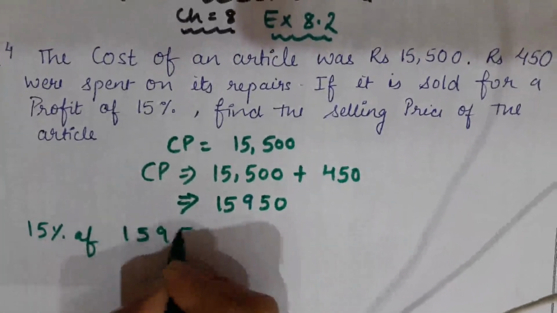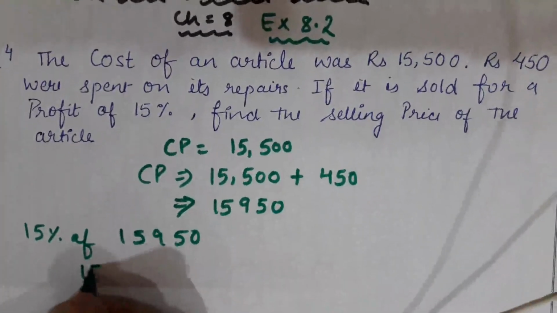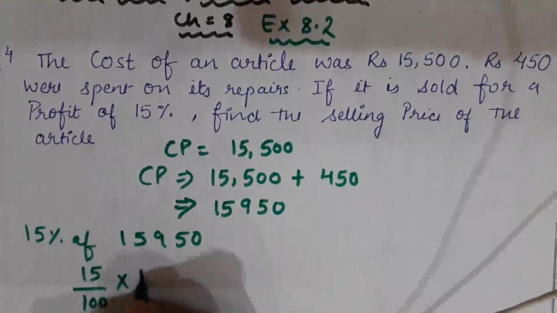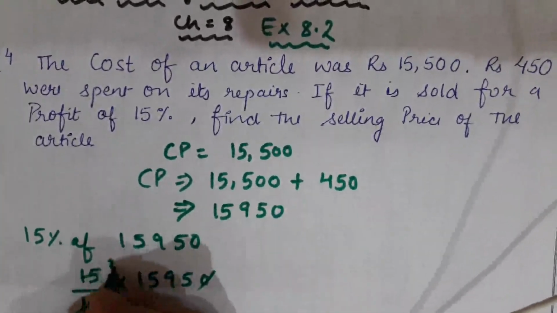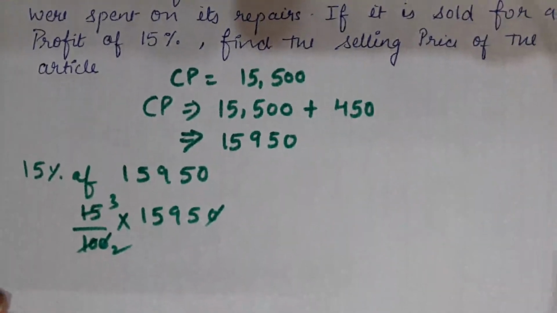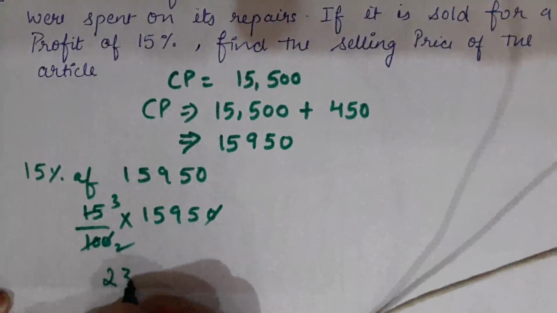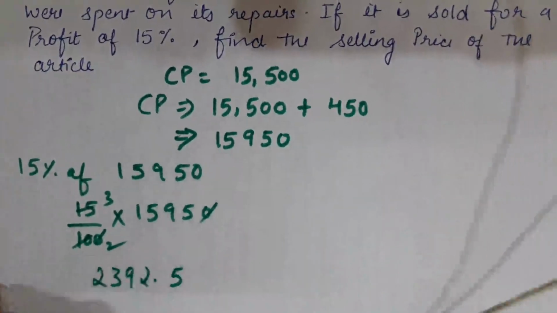So how much profit will you get? Let's find out. 15,950, cancel out 2 3. So after solving this particular equation, you will get 2392.5.